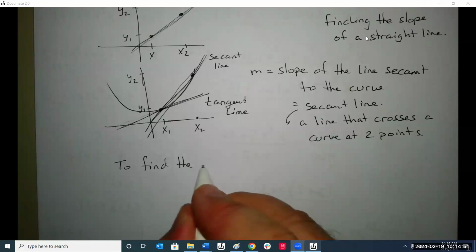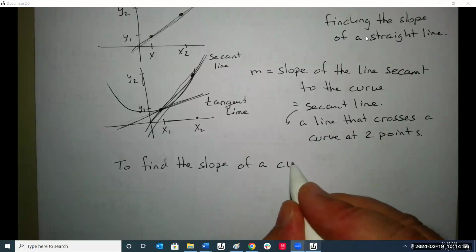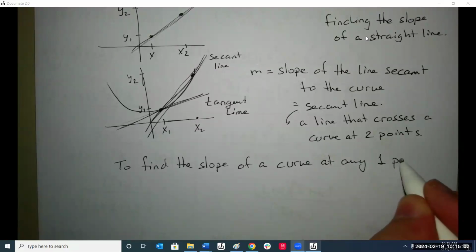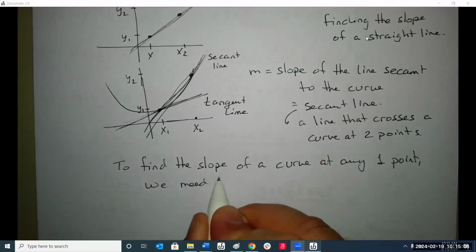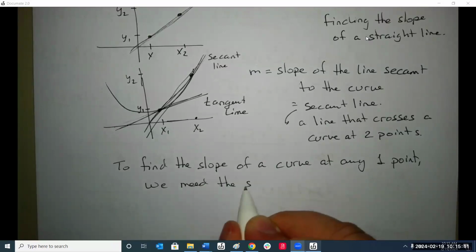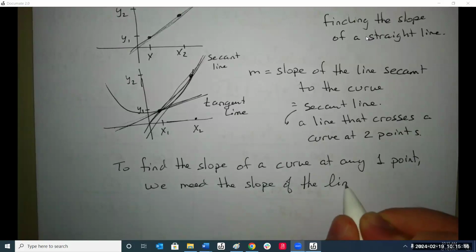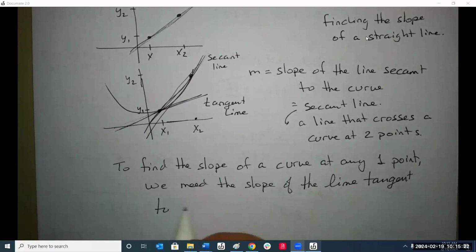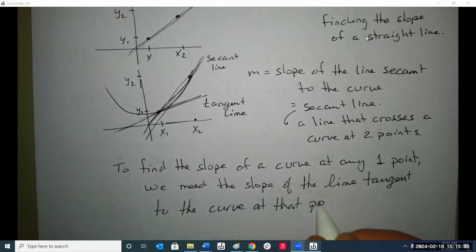To find the slope of a curve at any one point, we need the slope of the line tangent to the curve at that point.